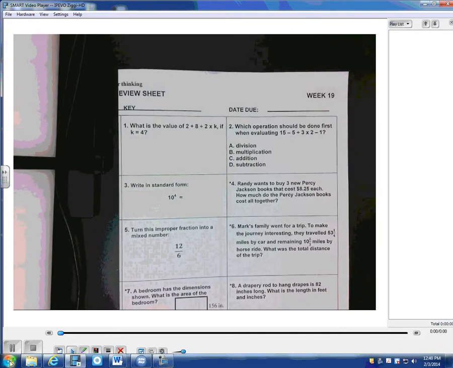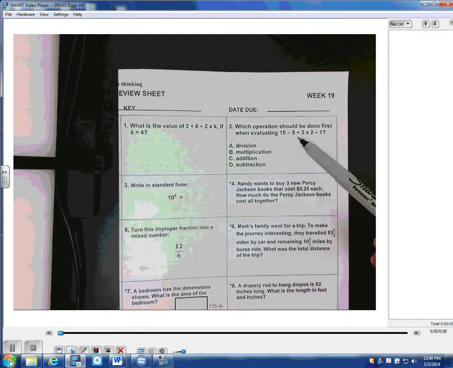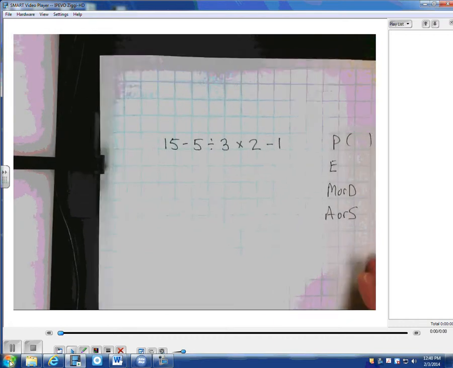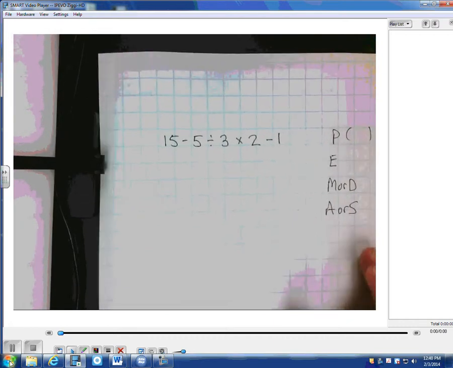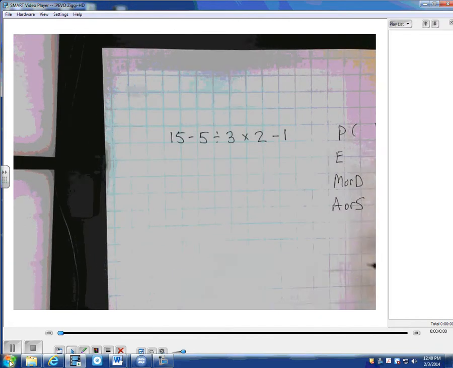Let's look at number 2. Number 2 says, which operation should be done first when evaluating 15 minus 5 divided by 3 times 2 minus 1? Again, they're not asking you to solve it. They just want to know which operation you would do first. We just had this in the last problem as well. This is order of operations. So if I had this problem here, what would I do first?